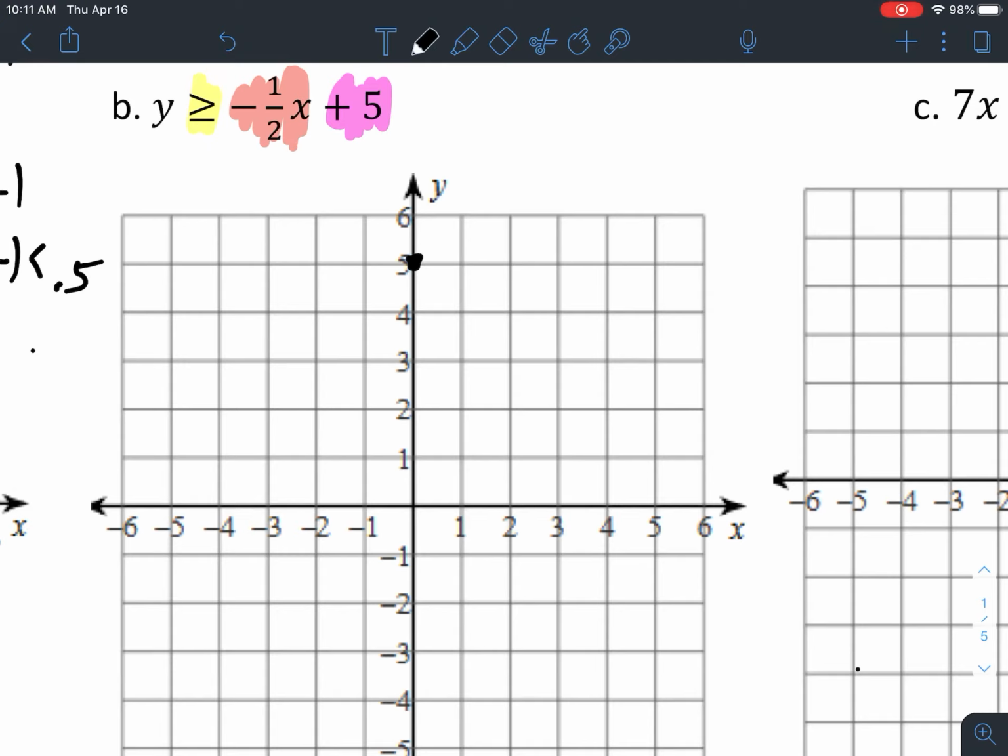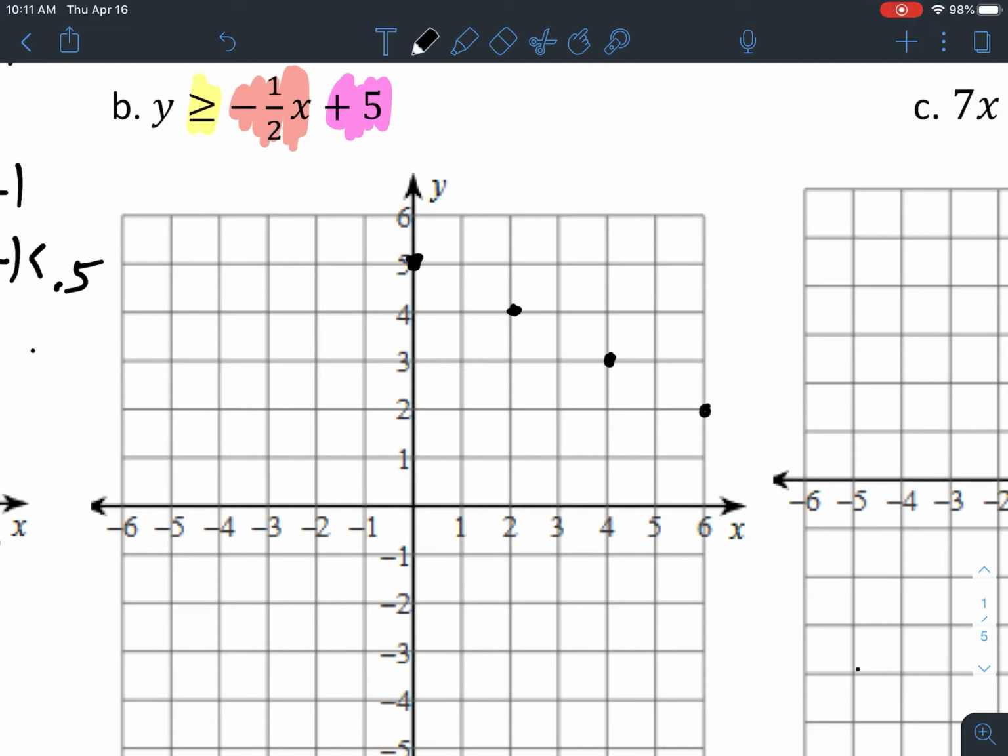Now, when we're looking at the negative 1/2, because it's negative, it means we are going down. It means it's falling down the hill. So negative, ball rolls down the hill. Positive, ball's being pushed up the hill. Because it's negative 1/2, we have to go down 1 to the right 2.